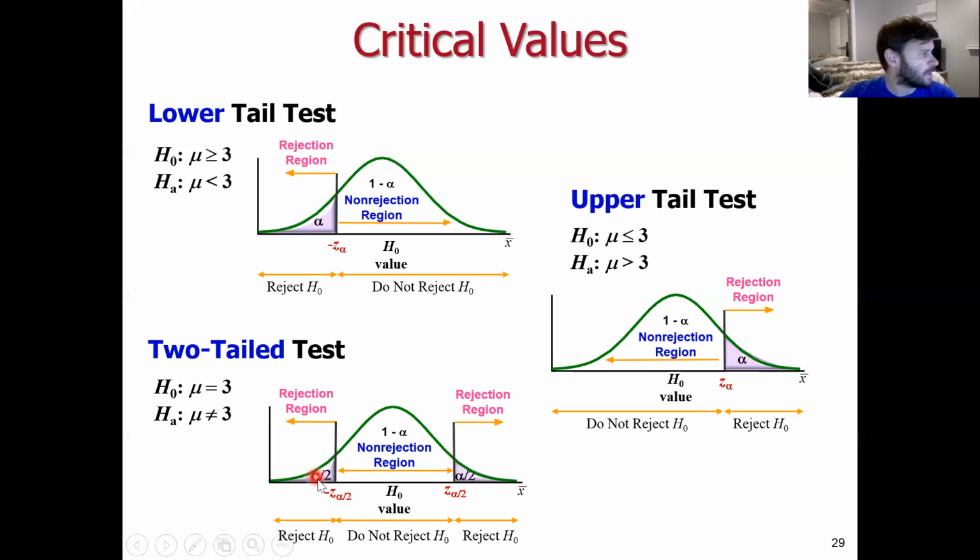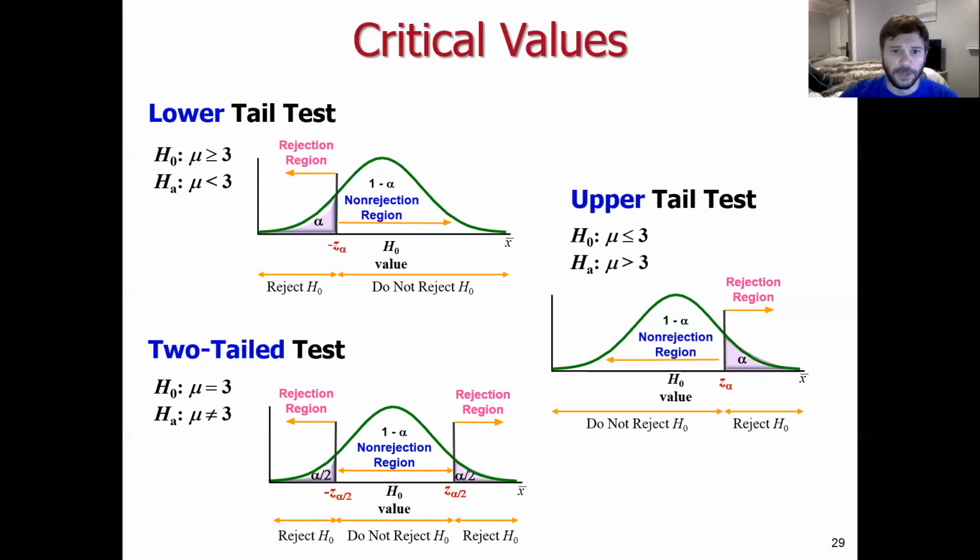And in this case, we take alpha, we break it in half, and we allow half of alpha, half our significance level, to define these upper and lower tail probabilities that denote the upper tail rejection and lower tail rejection regions under the critical value approach to hypothesis testing.